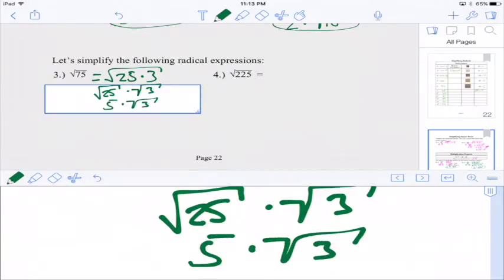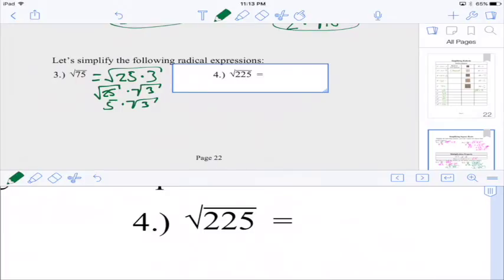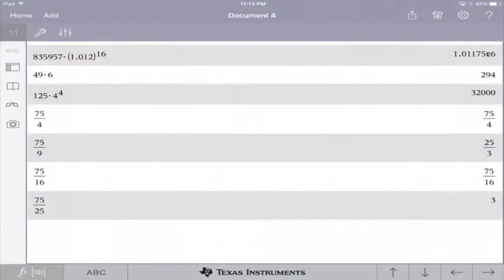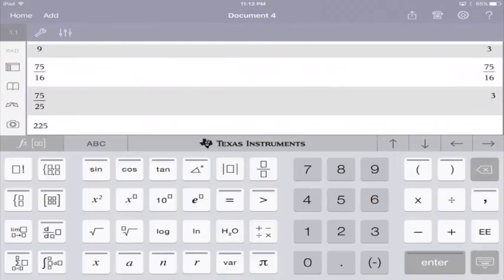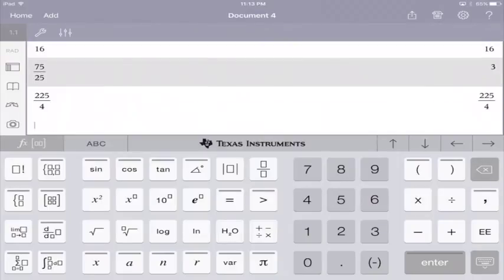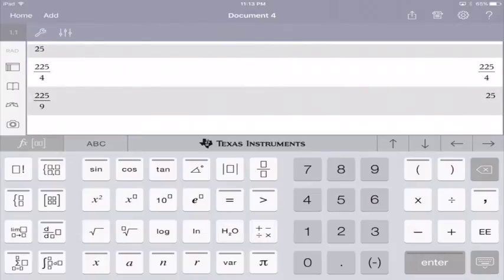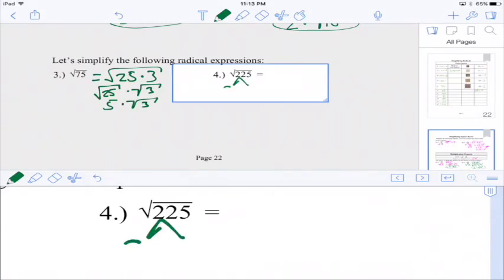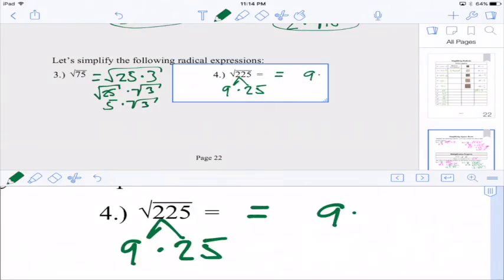Okay, 225 is going to be a little harder. On my calculator, I'm just going to go down my list of perfect squares. So I'm going to divide it by 4. That didn't work. Divide it by 9. That worked. 225 was 9 times 25. So this equals the square root of 9 times 25, right?